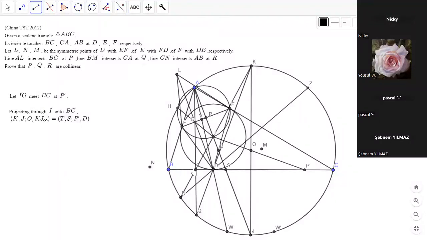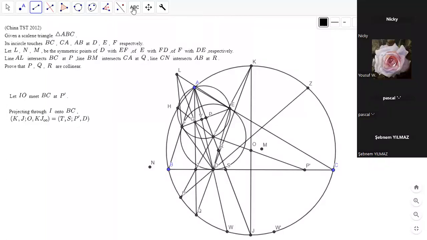So first we'll calculate BT DC, and we do that by we first project through K onto the circle, and then we project this.